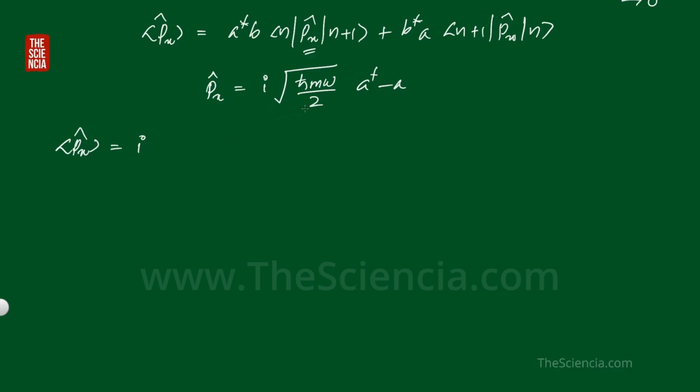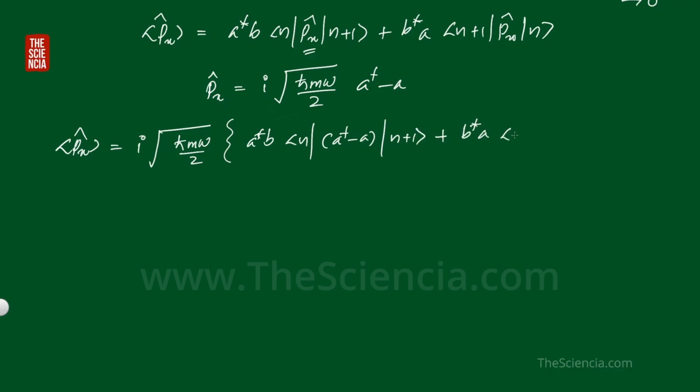We can take this as a common term, that is root of h cross m omega by 2, into A star B bra n Px cap, that is A dagger minus A, into ket n plus 1, plus B star A bra n plus 1 Px cap, that is A dagger minus A, ket n.